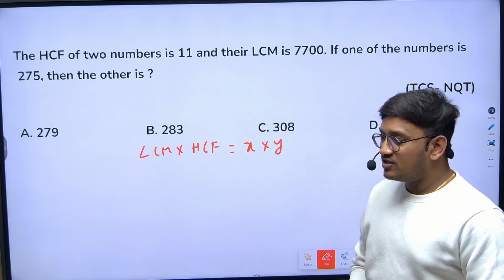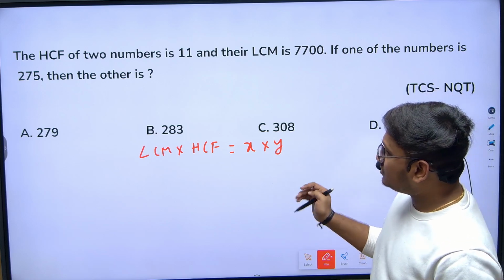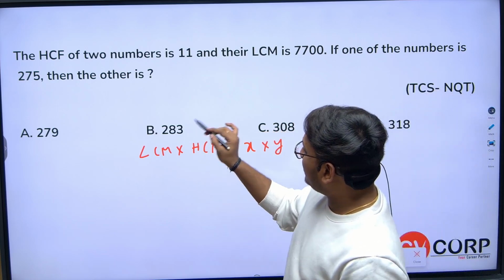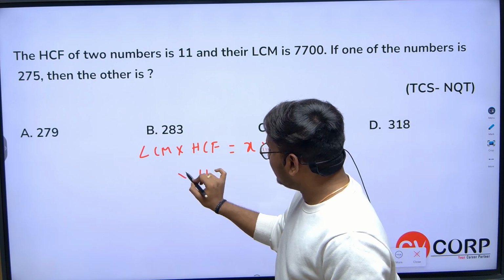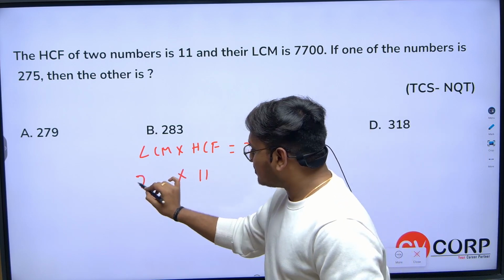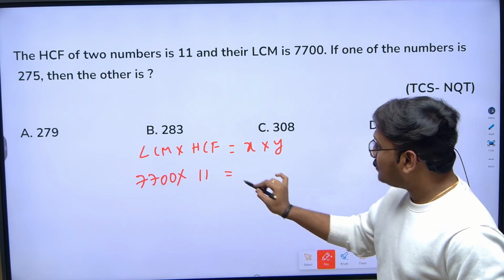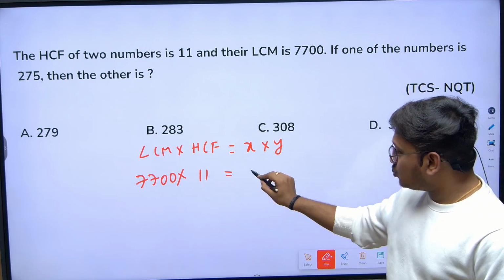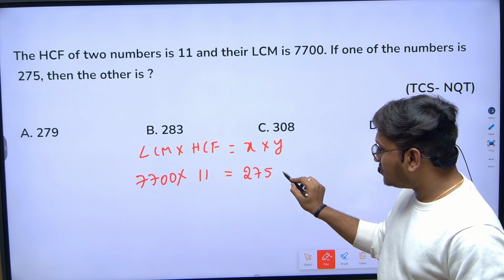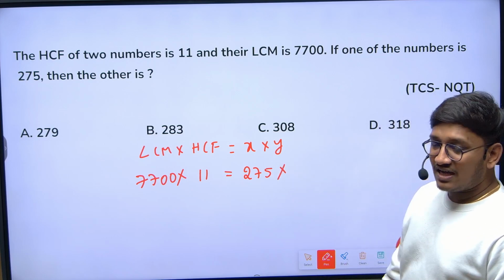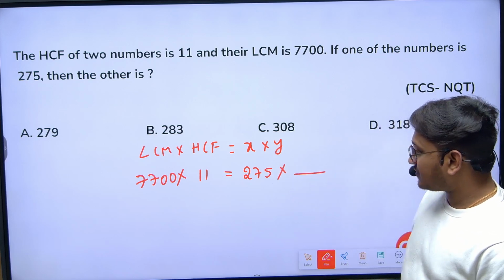So this is a rule, and you just need to remember this. So HCF is 11, LCM is 7700, and if one of the numbers is 275, then what is the other number? That is the question.